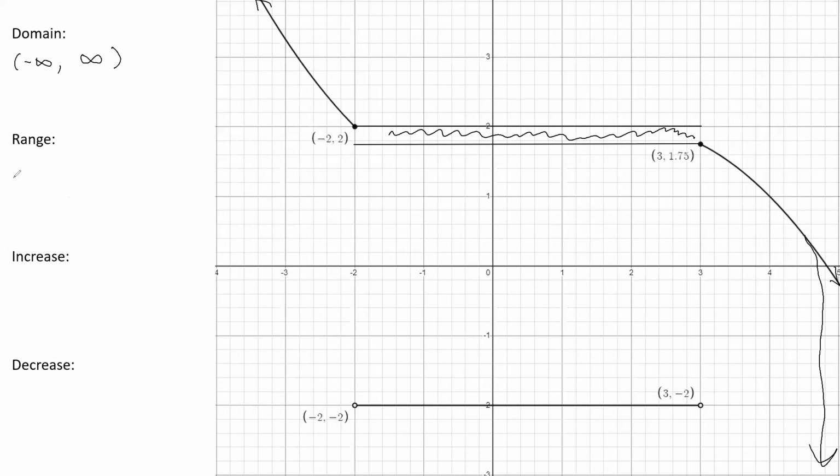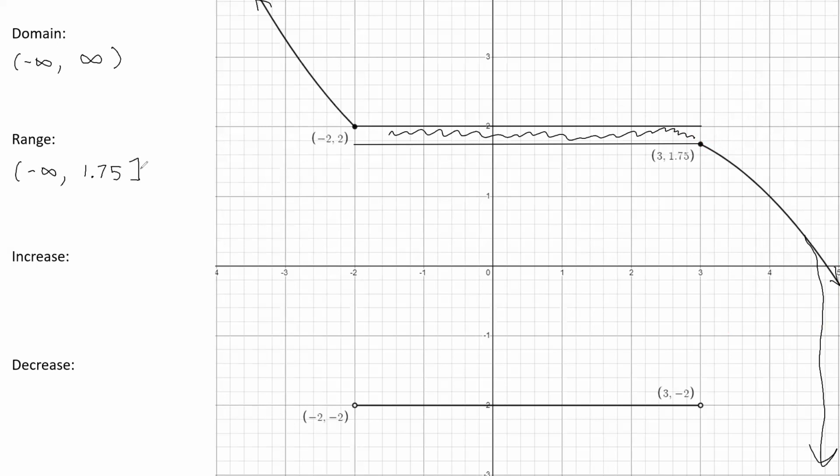So the way we're going to write this is, the range goes from negative infinity up to 1.75, and then it stops. There's a gap. So I'm going to write negative infinity to 1.75. And since that is a solid dot and we're looking at range, we're going to put a bracket there because we do include that point.